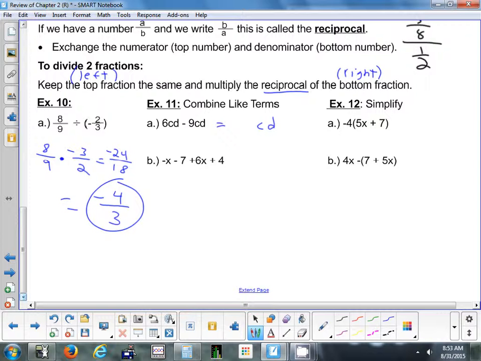We got to figure out what number is going to go in front. And from that, you're going to use the rules Mr. Roy showed you. 6 take away 9. Okay, Michaela, what's 6 take away 9?